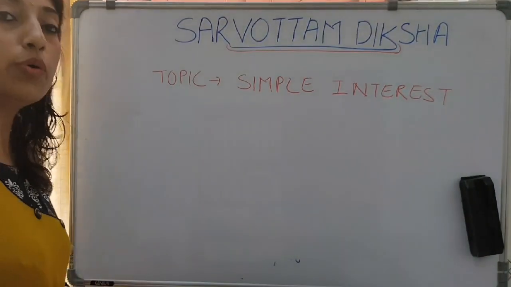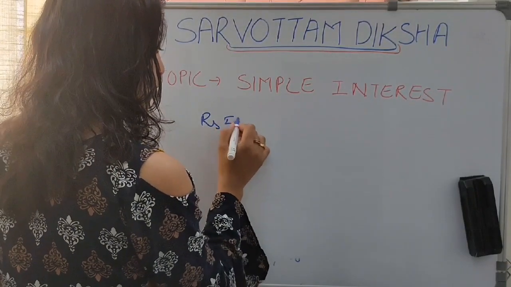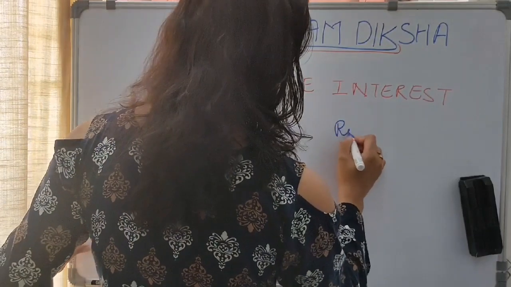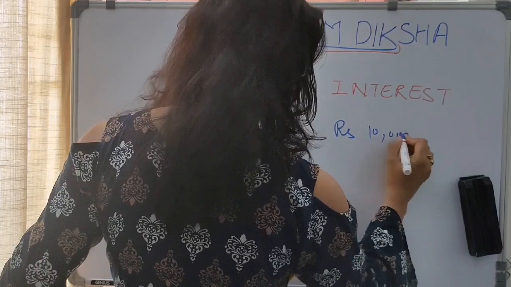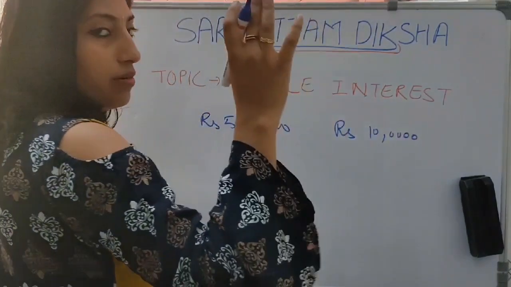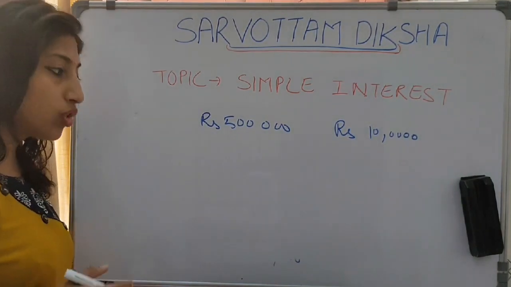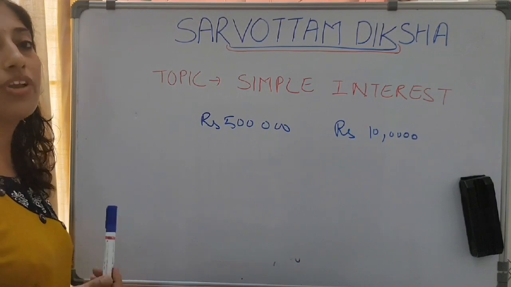Suppose I am going to take a loan of 5 lakh rupees for purchasing a car, and some friend of mine is going to have a loan of 10 lakh rupees for purchasing another car. Now the bank will charge both of us with the same rate. Now how will you quote? At what rate are they quoting me?